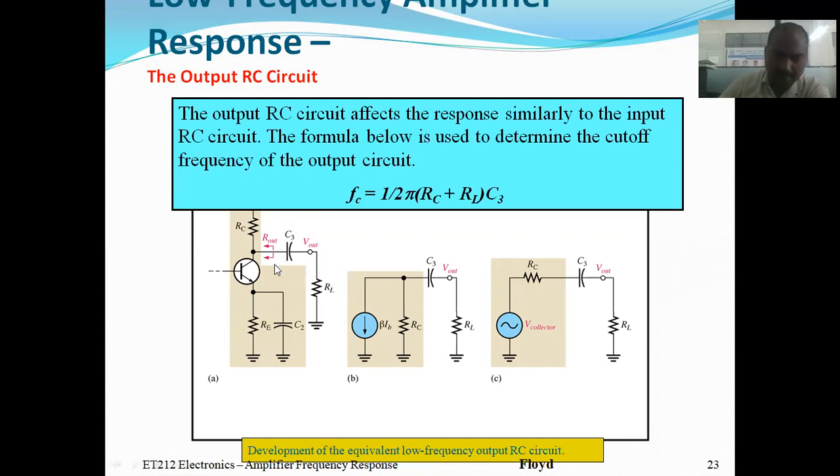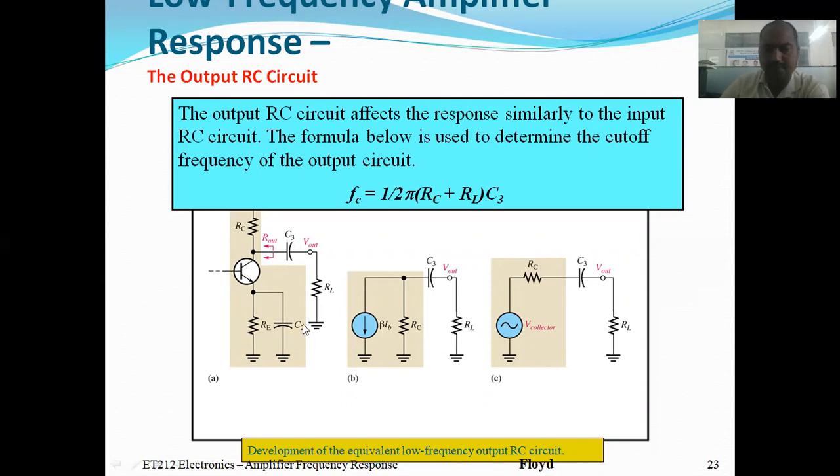This is the diagram which shows the effect of low frequency on the operation of the circuit. During the low frequency signal there are 3 capacitors: one is the coupling capacitor C1, then C3 and C2. C2 is also called the emitter bypass capacitor. Here is C1, here is C3, and here is C2.